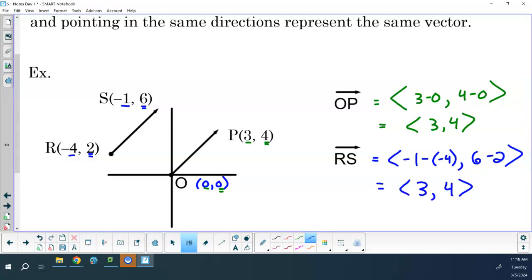So those two, vector OP and vector RS, are equal or the same vector, because they have the same vector components, head minus tail. Okay?